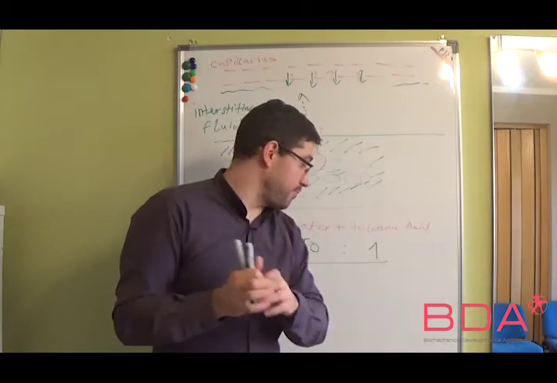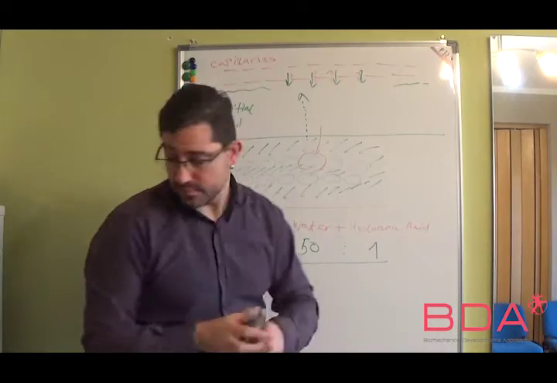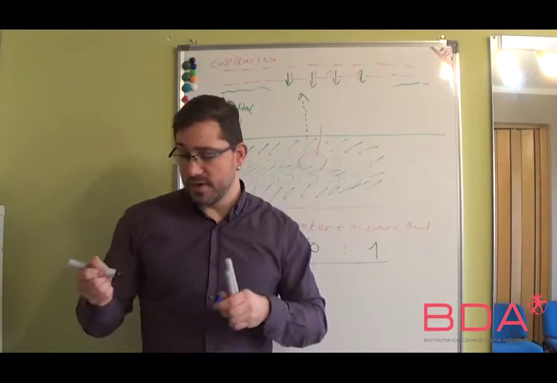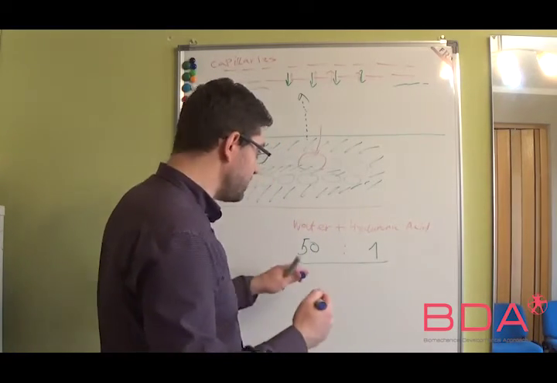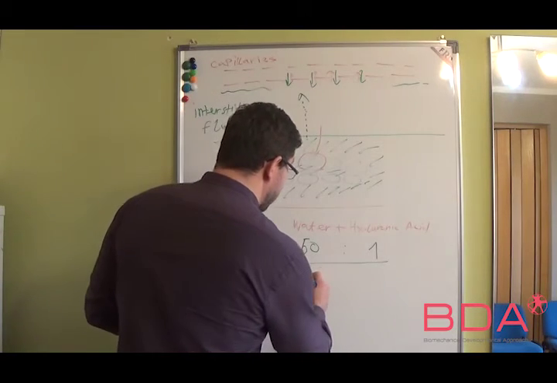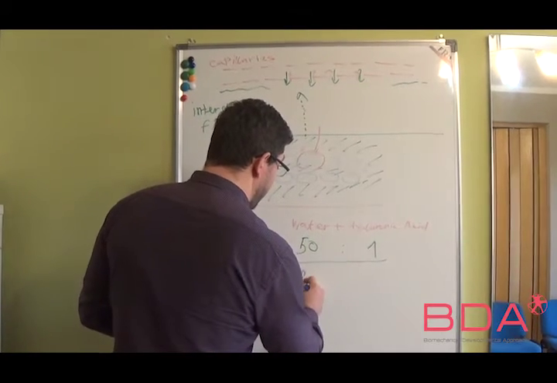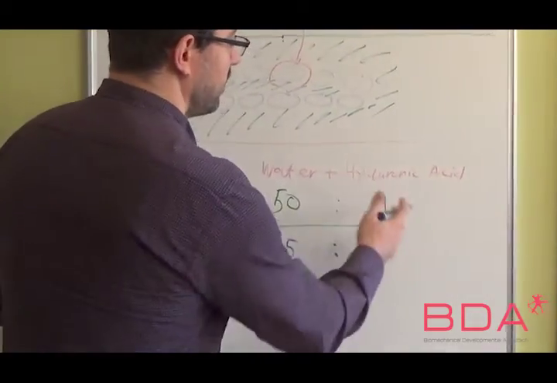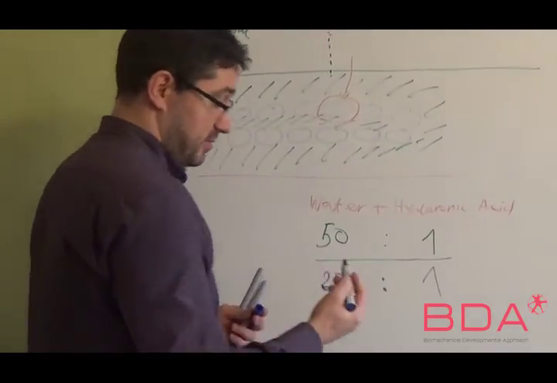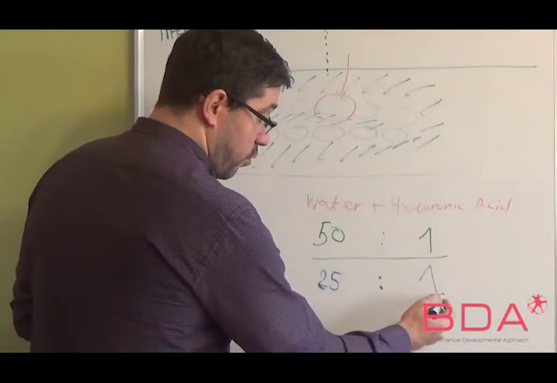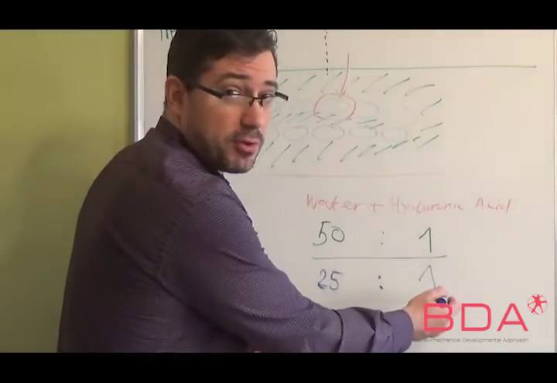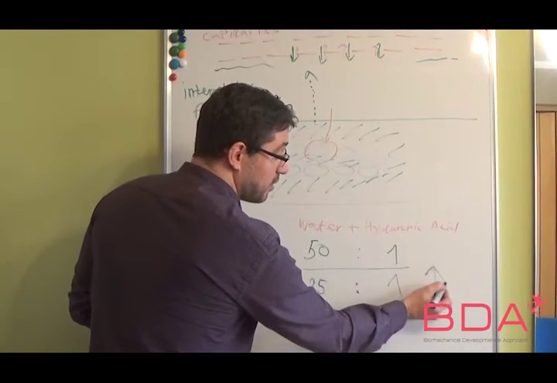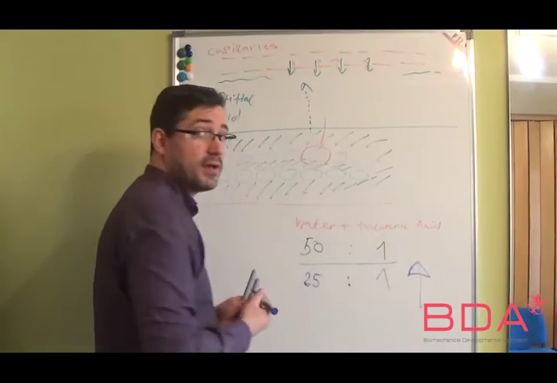I will just give an example. Imagine that you don't have this normal relationship anymore. There is less water, for example 25 parts of water and, for example, 1 part of hyaluronic acid. What then happens, of course, because there is less water for the same amount of hyaluronic acid, is that the density of the interstitial fluid goes up.